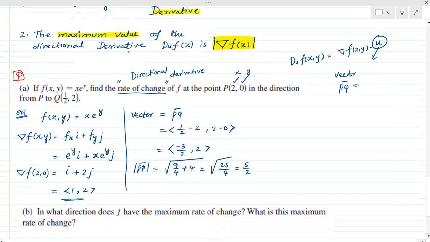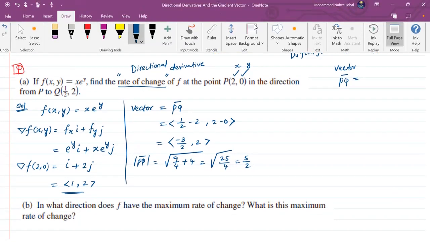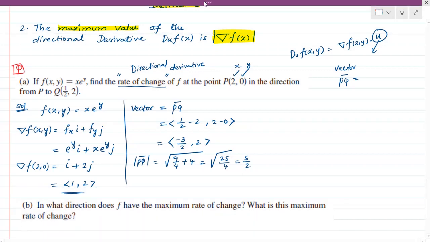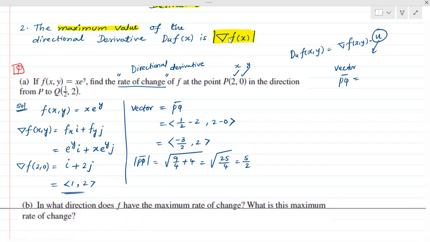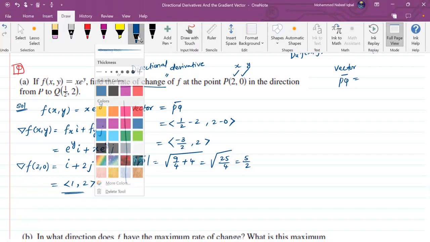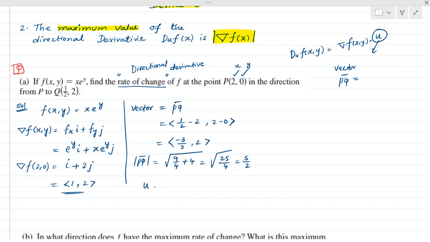Now I will calculate the unit vector. What is the unit vector here? I will divide this part. The unit vector is given by the vector over the magnitude of that vector. So the vector is given by this one.